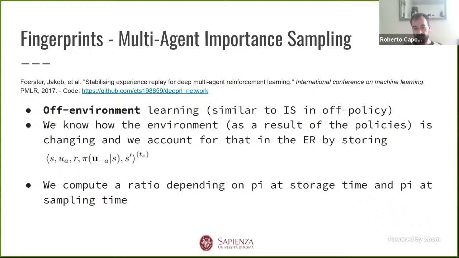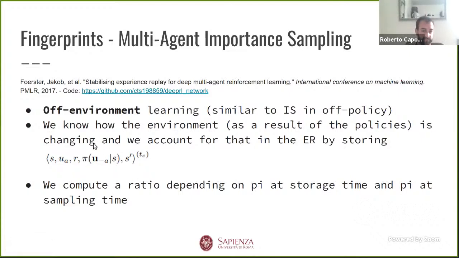So how can we do this? We know how the environment changes because this changes as a result of the policies. And so we can account for that by storing in the experience replay, instead of only state, action, reward, and next state, also the probability distribution for the actions given the state. Okay, so this is the policy.